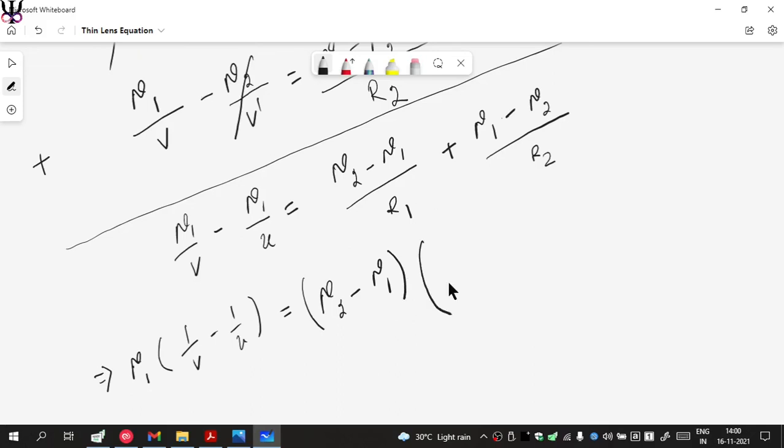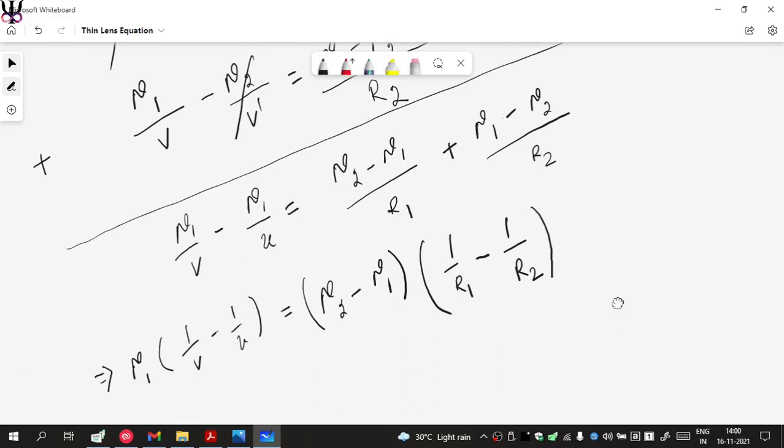Inside the parenthesis we write 1 by R1, and taking mu2 minus mu1 common from mu1 minus mu2, you are left with minus 1 by R2.